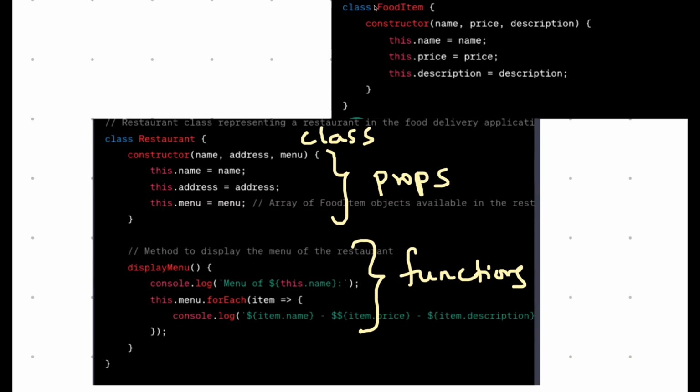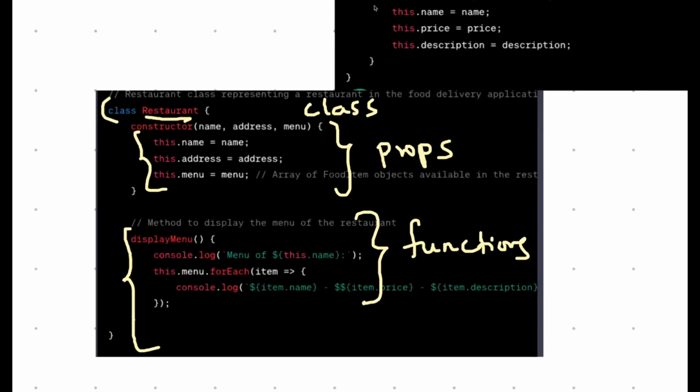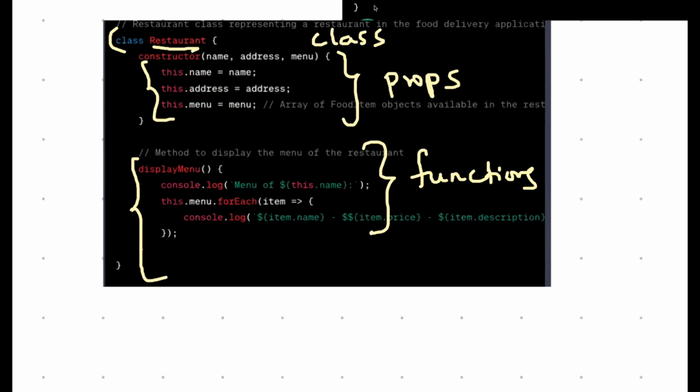The restaurant will have its own properties: the payment method they use, their account number, which platform they use for payments, and their location. So you will end up with hundreds of properties here, and likewise hundreds of functions. This single class can have thousands of lines of code. All the actions related to this particular restaurant will come here.